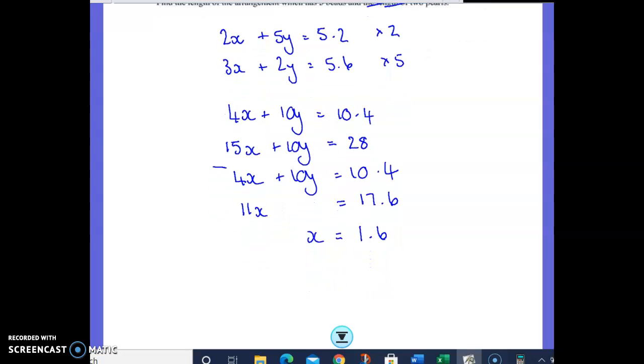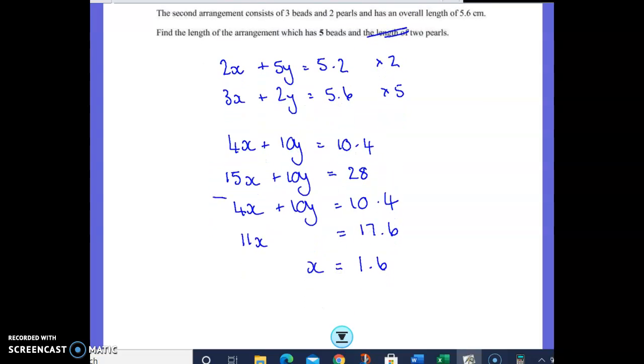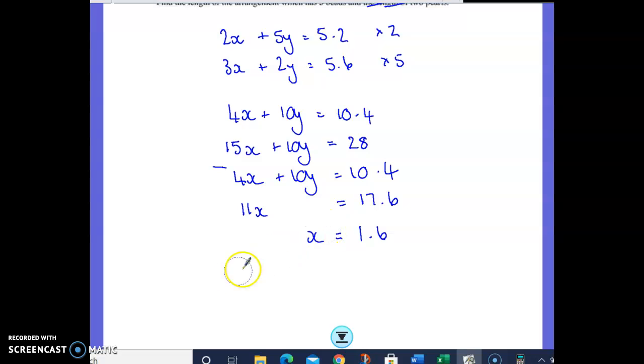I found x, now let's find y. Let's sub it into equation 1. Equation 1 is 2x plus 5y equals 5.2.